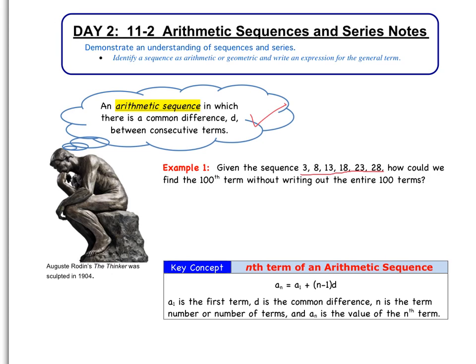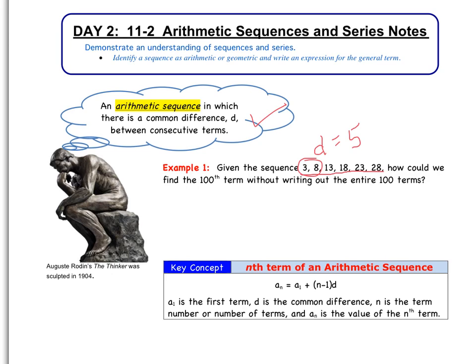Let's think about this for a second. Reminding ourselves about the arithmetic sequence, between each of the terms we are going up by a value of 5. Well, how many times would we have to add 5 in order to get to our 100th term?